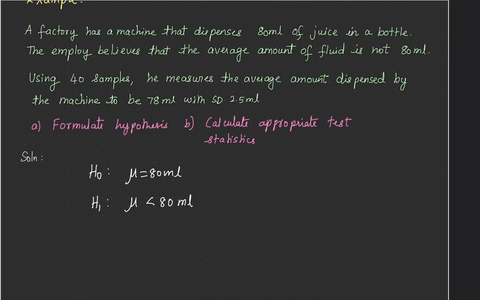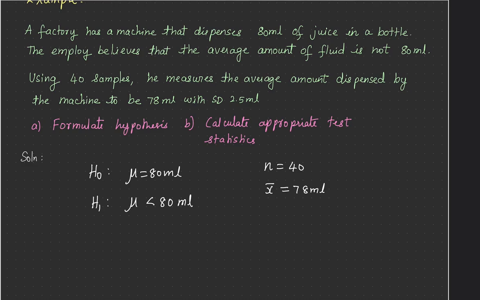Using 40 samples, the employee measures the average amount dispensed by the machine to be 78 ml. What do we mean by this? You take 40 samples, that is, the sample size is 40, and find the amount of juice in each and every bottle, and take the average to be 78 ml, which is x bar equal to 78 ml.